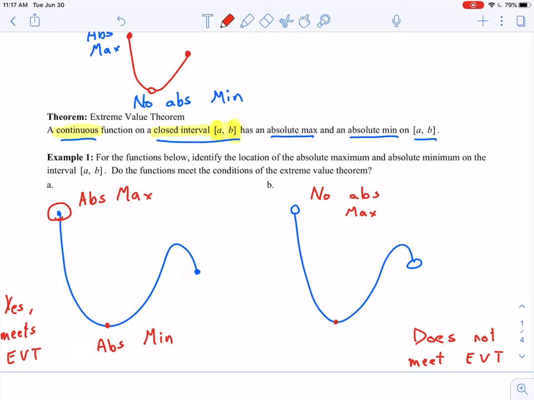So if I look right here, this point remains kind of unchanged. This is still my absolute minimum. So I can still have an absolute extreme value even though I don't meet the extreme value theorem. The extreme value theorem is just a way, again, to guarantee that we have both an absolute maximum and an absolute minimum.